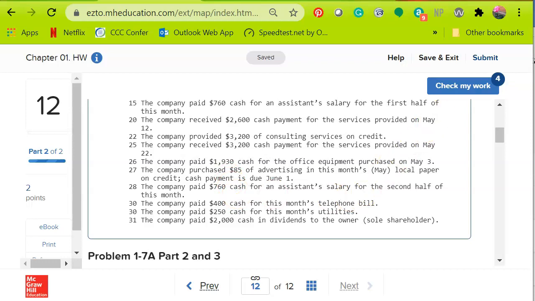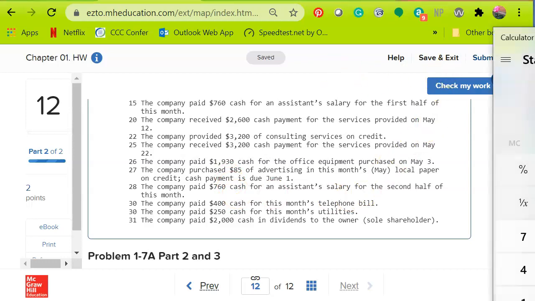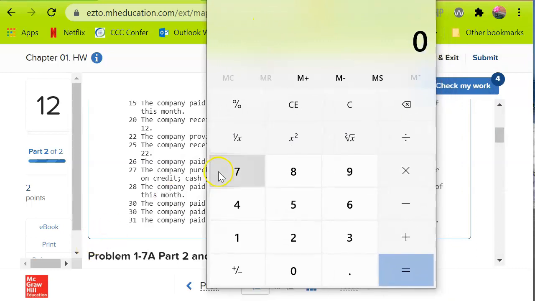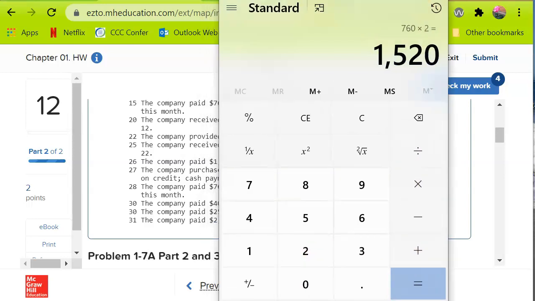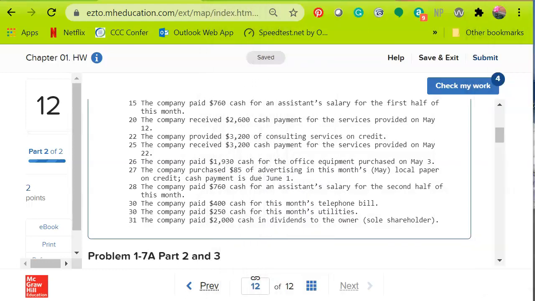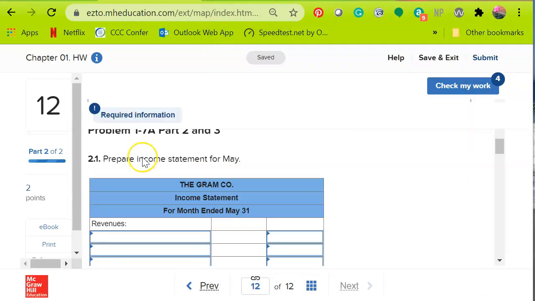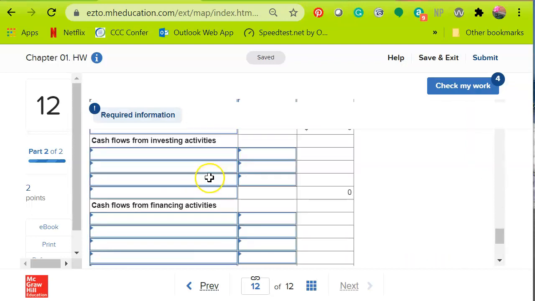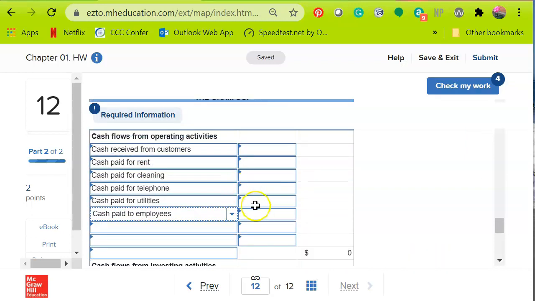So I'm going to get my calculator out and simply take 760 and multiply that by 2 because it was paid twice. That's a total of 1,520. That was to the employees.